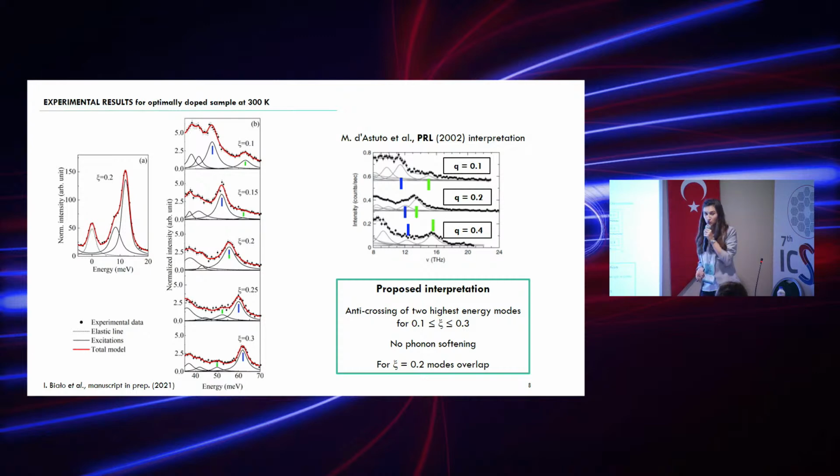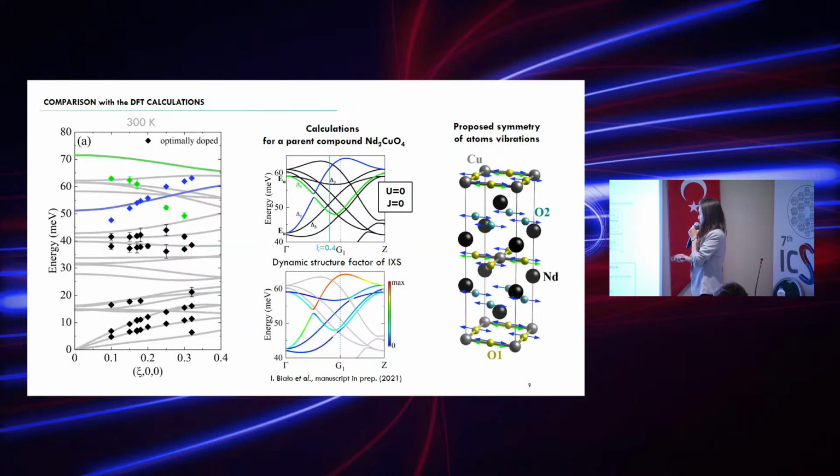And in our interpretation, there is no anomalous softening of the green mode, just crossing of them around 0.2, crossing or anti-crossing. So that's what we propose for this dispersion relation. And the dispersion relation is plotted here on top of DFT data, because to be sure that our interpretation is okay, we performed calculations.